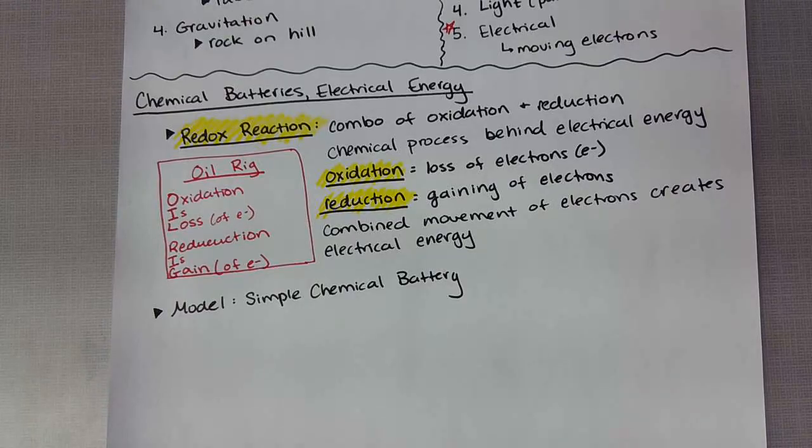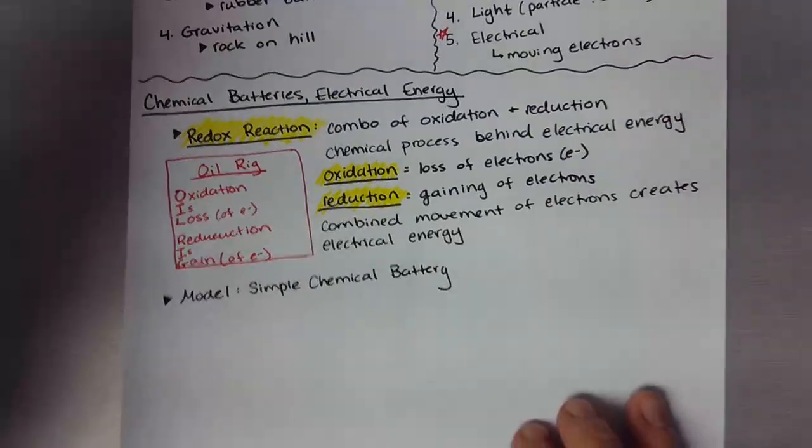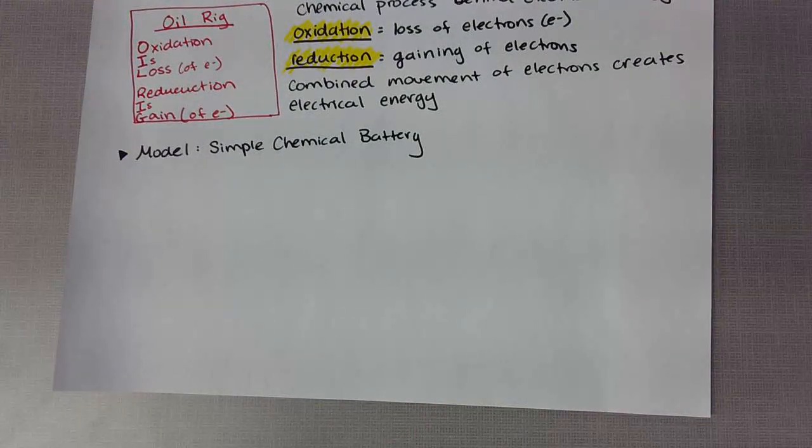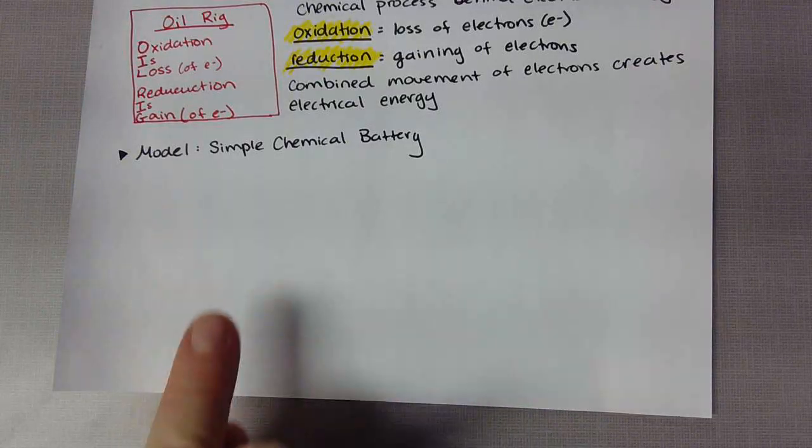And this model is going to be important because your final task in this unit is to make a battery and quantify the amount of energy produced by that battery. So, how are you going to do that? It's not going to look like the batteries from Walmart. There's not going to be a protective casing with a bunch of different pieces and parts on the inside. We're going to keep it simple.